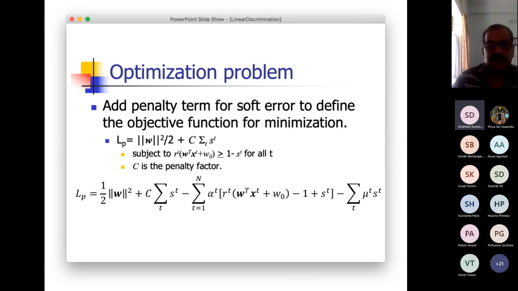Now, if I put it into an unconstrained form using Lagrange multipliers, because we are using a new set of variables, we will have a new set of Lagrange multipliers.